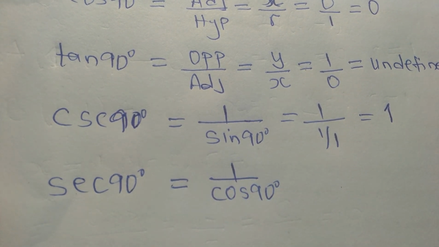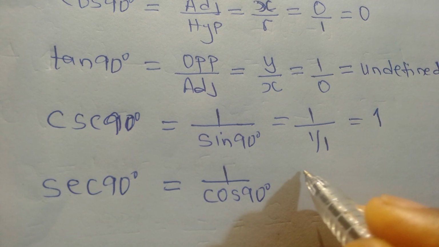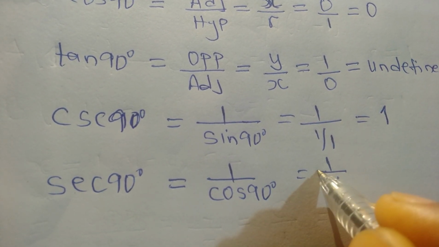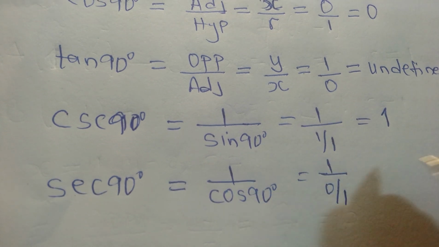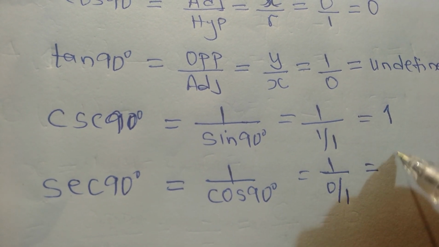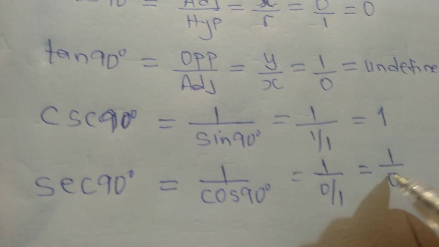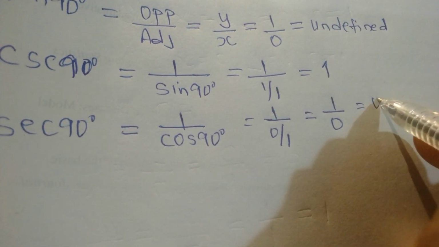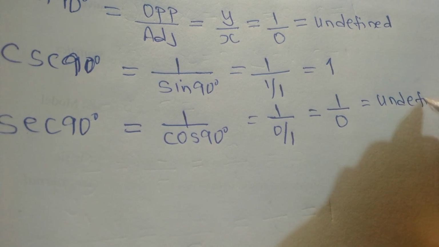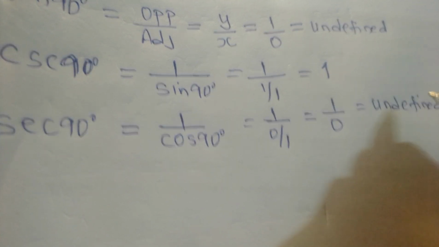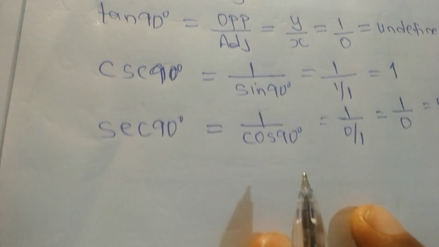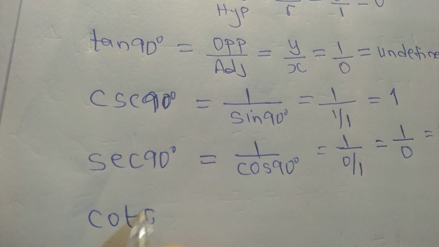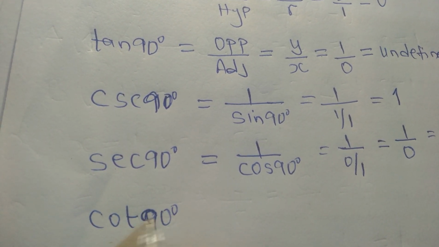We obtained cosine 90 degrees as 0, so this is 1 over 0, which is undefined.